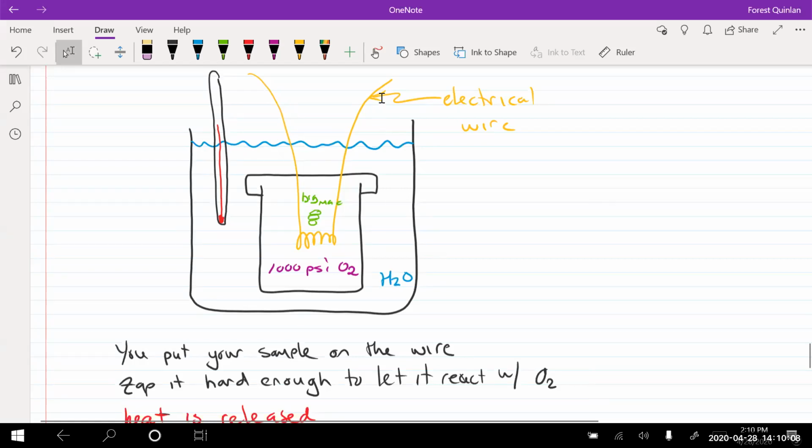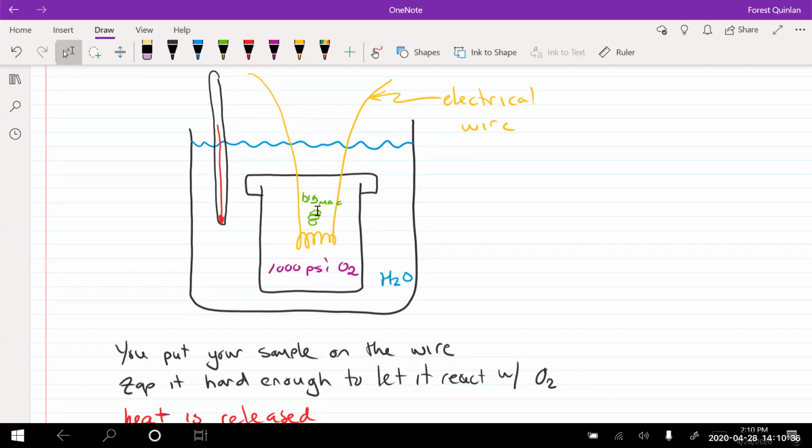You would also account for exactly how much energy you put in with your electrical wire so that you could get rid of and account for all of the things that are not your Big Mac, so you can just focus on the Big Mac. So you can do all of that. And when you get to an analytical chem course, you will absolutely do something like that. I've seen it in lower level courses when professors are being actually extra nice to you.